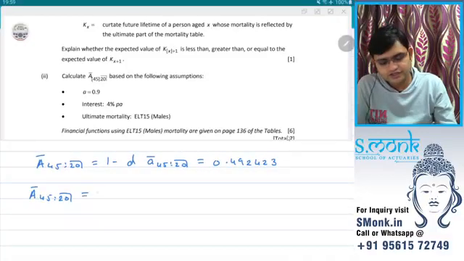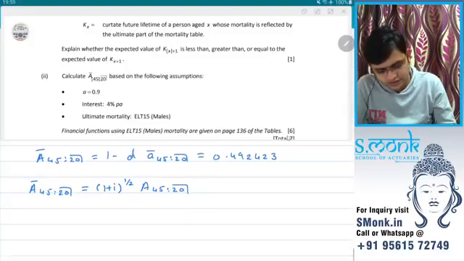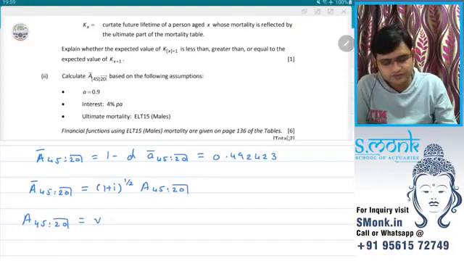So I can say this is approximately 1 plus i raised to half times A 45:20, and I will just try to make a basic relation from this. I'll say A 45:20 must be equal to, if the person dies in the first year, the payment would be given this. If the person survives for 1 year and dies within the second year, payment would be given at the end of the second year.